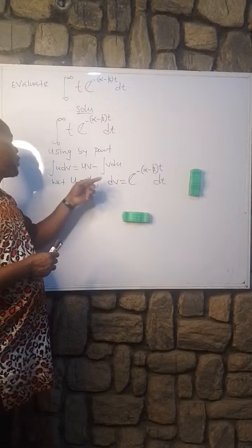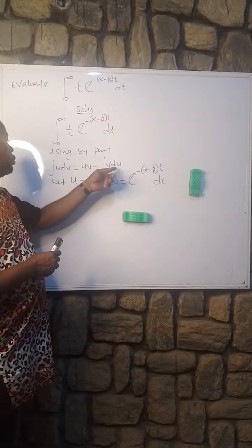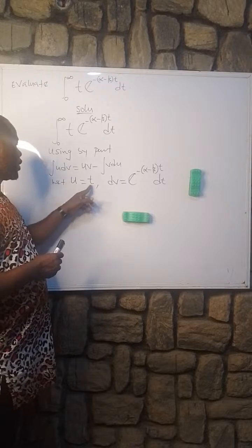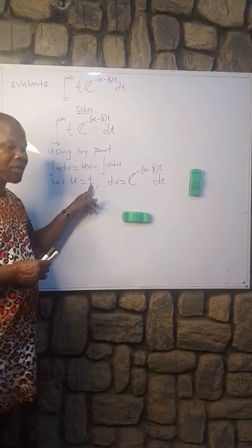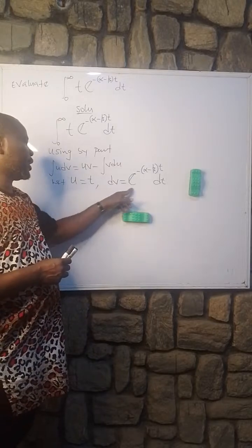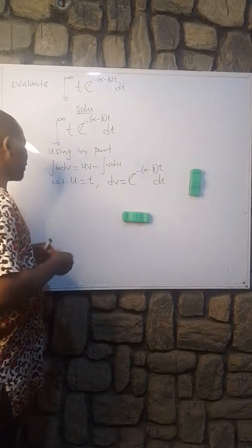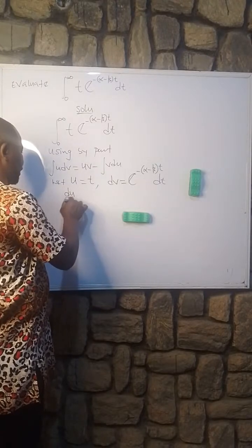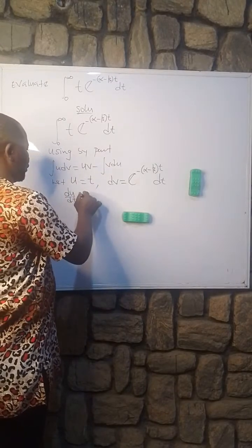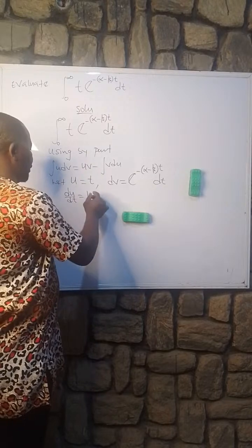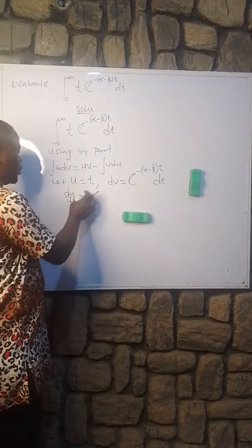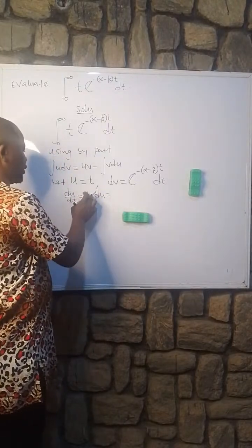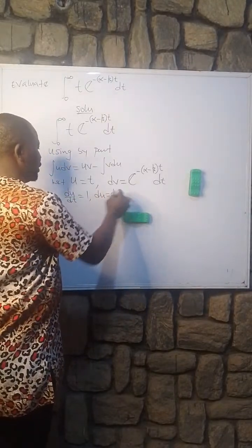So what we need to do here is differentiate this with respect to t. When we differentiate, du over dt is going to give us 1. Then this implies that for us to obtain du, we cross multiply, du equals 1 times dt.